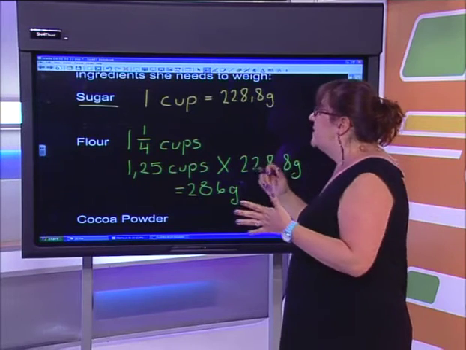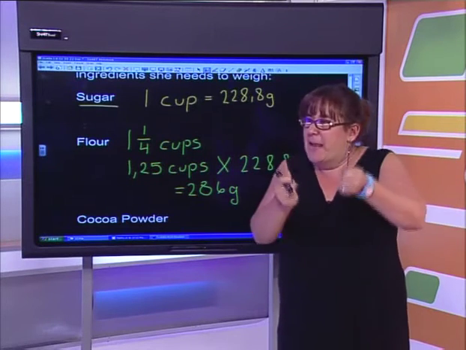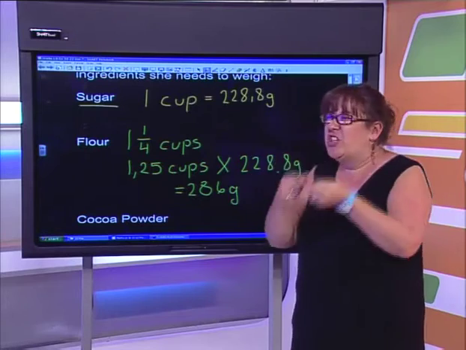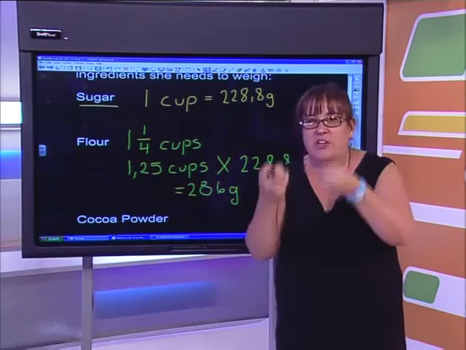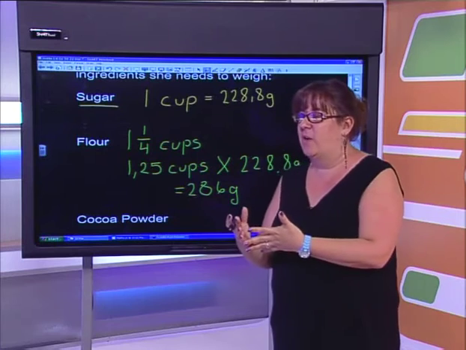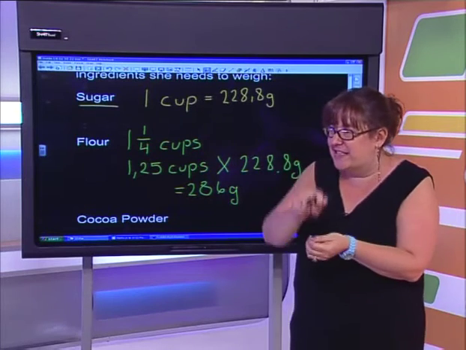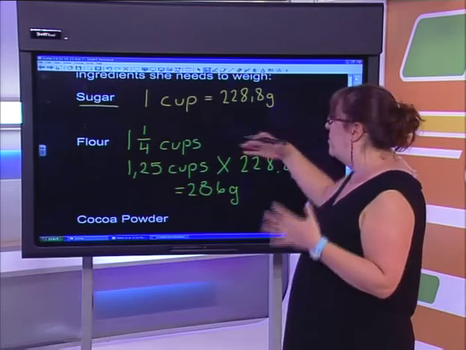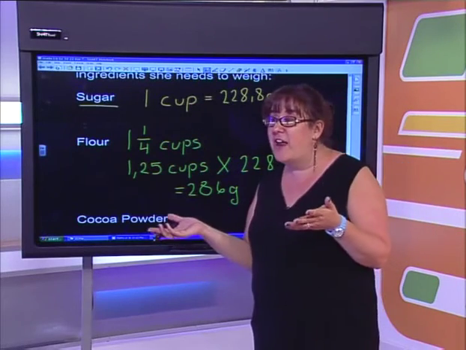What I want to discuss is, would I actually sit and measure 228.8 grams of flour or 286 grams of flour? Would I actually sit and measure it exactly? Or do you think it's going to make a huge difference if I go 300 grams of flour? It's kind of round about the same thing, so you should be fine. And with sugar, I could probably go 225 grams.